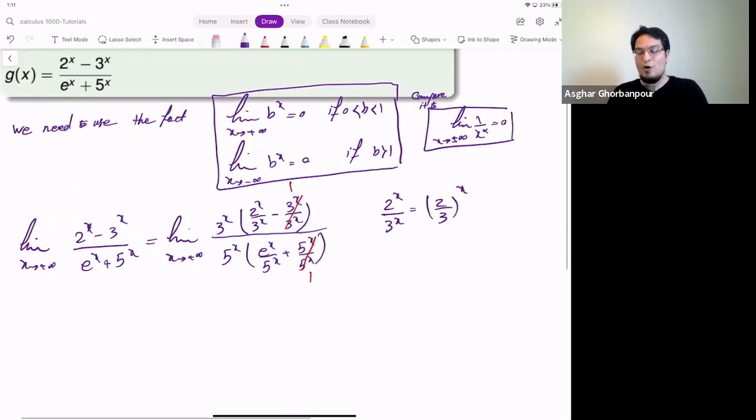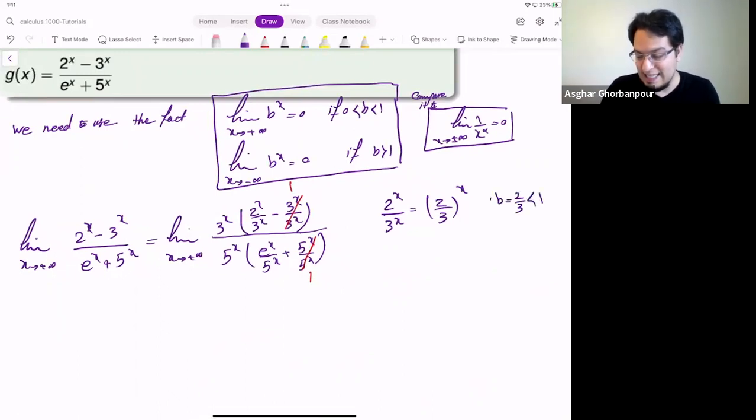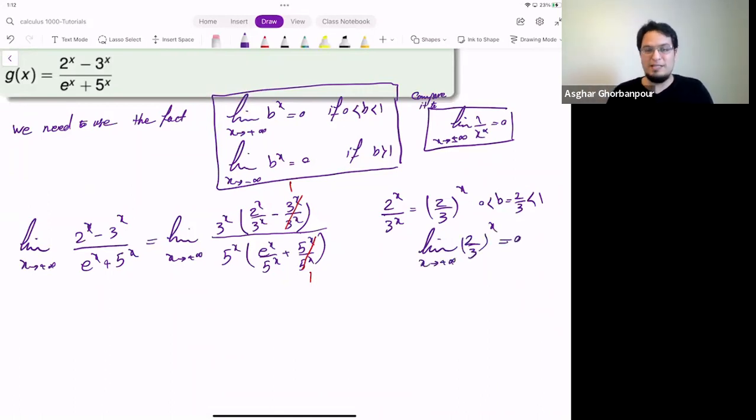And 2 over 3 is an exponential function where now the base is less than 1. I factored out the exponential term with the highest base, and it turned out that the factored terms are again exponential functions, but the base is less than 1. And when the base is less than 1, as x goes to plus infinity, this will be 0.